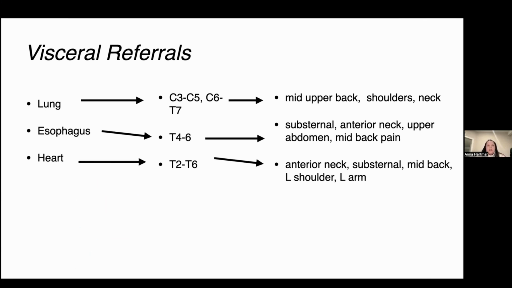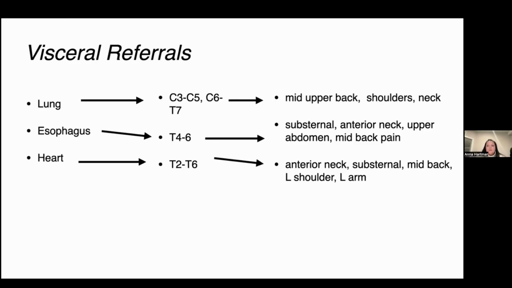These next slides show you the connections from a spine as well as referral pattern standpoint. I don't know why I have it just on the lung, but really the C3 through 5 location covers a lot of the organs, because C3 through 5 is the nerve roots of the phrenic nerve.